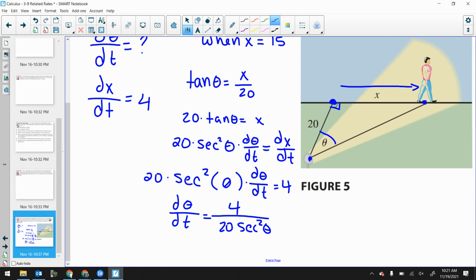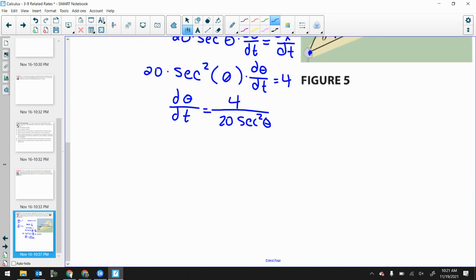Now I'm going to reduce that down a little bit. 4 over 20 is 1 over 5. So this is basically like saying d theta dt is 1/5 times 1 over secant squared theta.